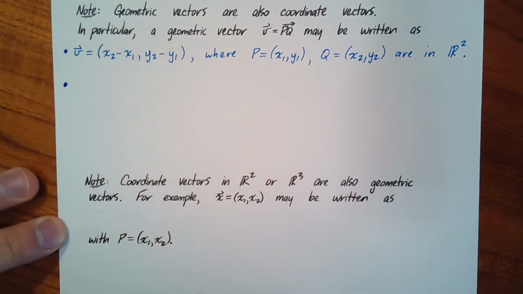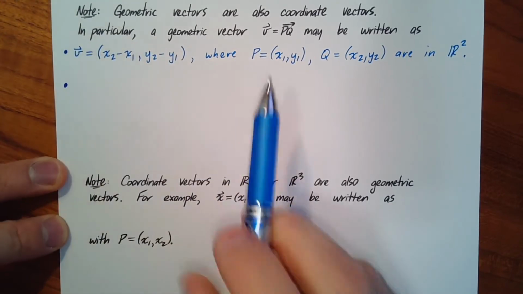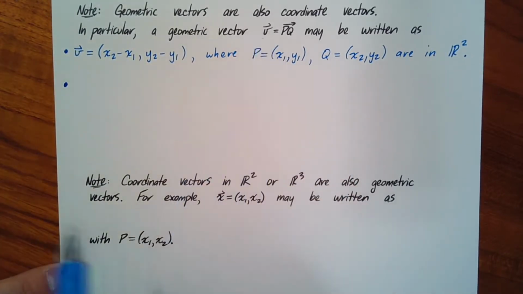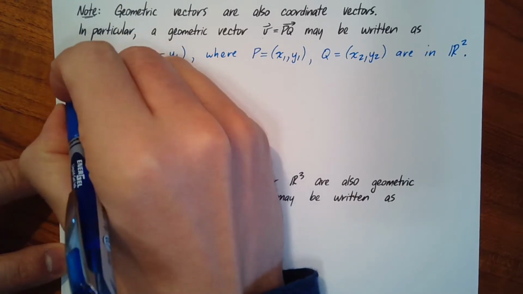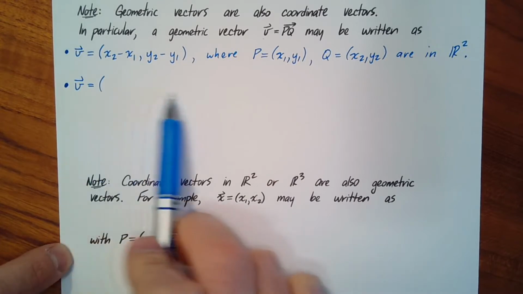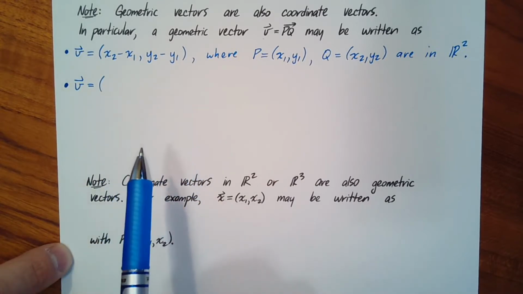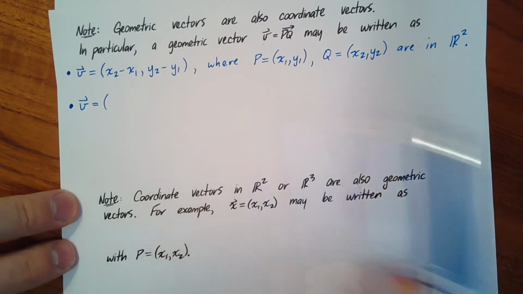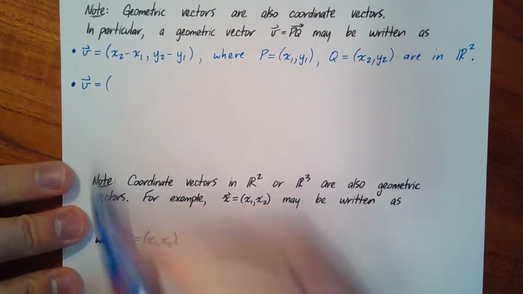So let me spell that out. If your geometric vector v is a vector in R3, this is how you will write it as a coordinate vector. And same as before, I'm going to write down the formula, and then not all of the parts of the formula will have been introduced until the sentence is complete. So here's how it goes.